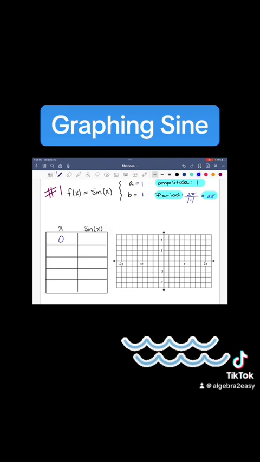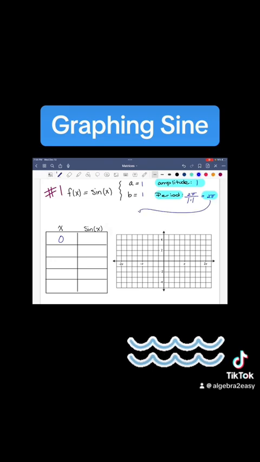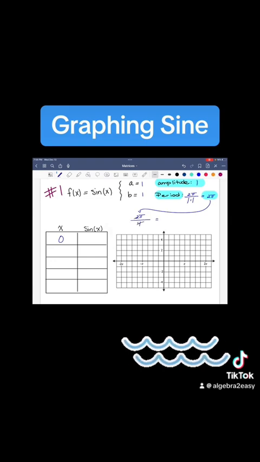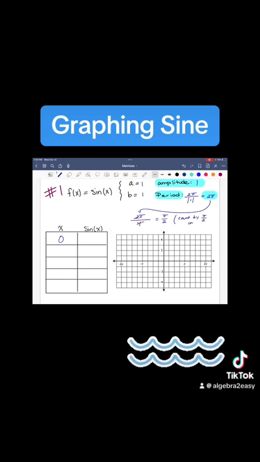So what we're going to do is take the period you just found, so 2 pi, and divide by 4. The 2 and the 4 simplify, and we're left with pi over 2. So that tells me I'm going to count by pi over 2 units. So my x values are going to change by pi over 2.